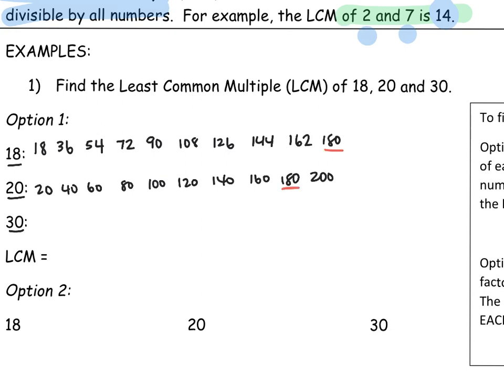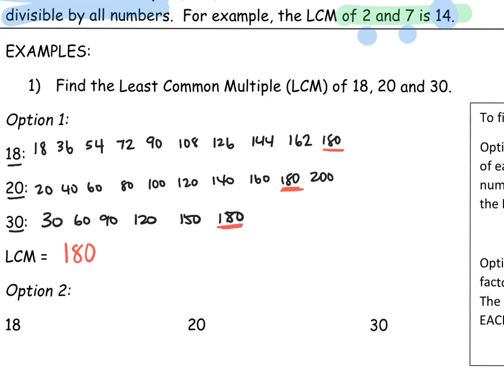Now let's go by 30s and hope that we get it: 30, 60, 90, 120, 150, 180. Okay, so you can see that 180 is the smallest number that all three will go into. The least common multiple is usually a really big number, which is kind of confusing, but the least common multiple is 180.